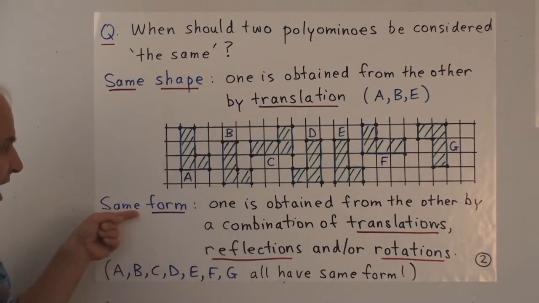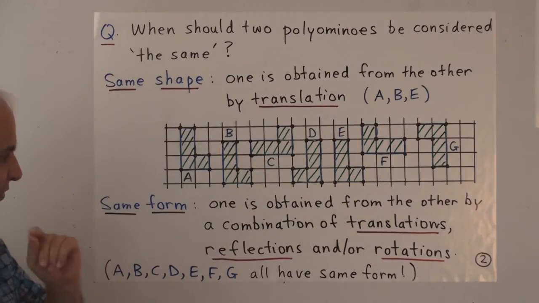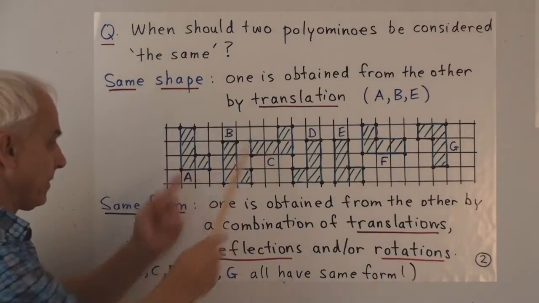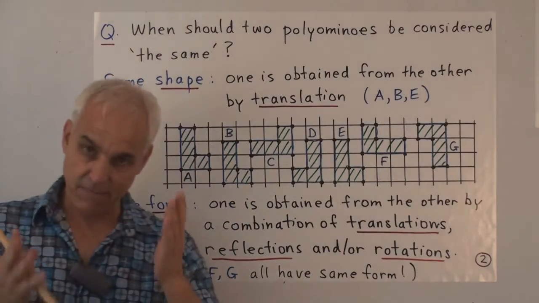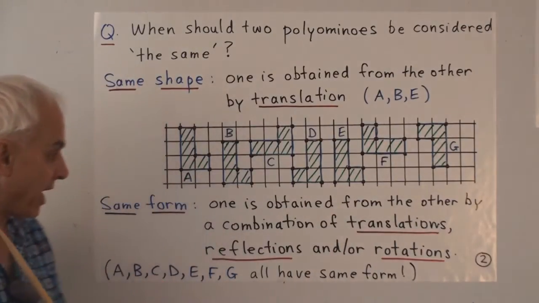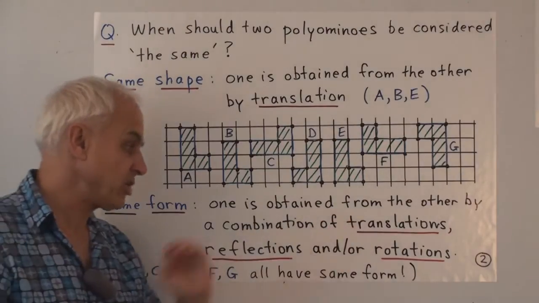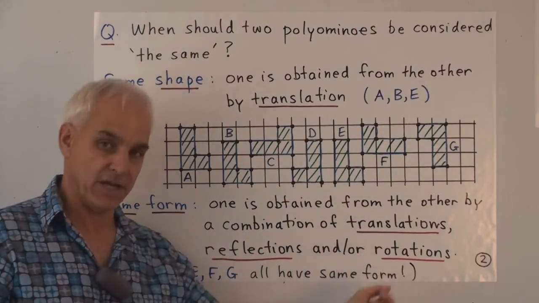We say rather that they have the same form. So we're going to use a different word now to denote the relationship between, say, A and C. Two polyominoes are said to have the same form if we can go from one to the other by a combination of translations, reflections, and/or rotations.